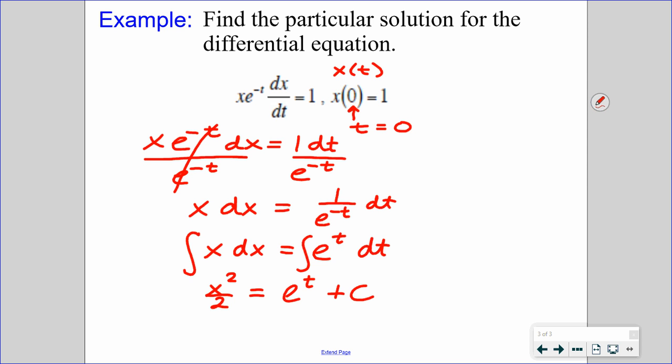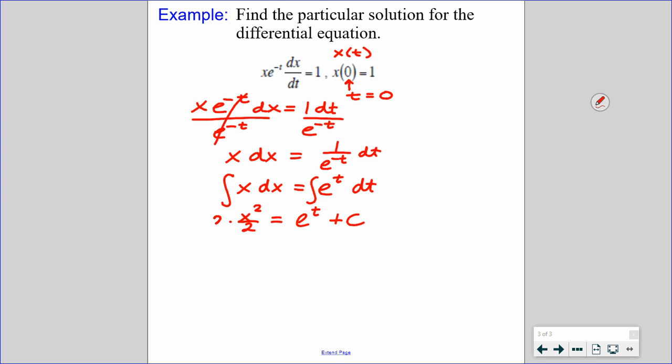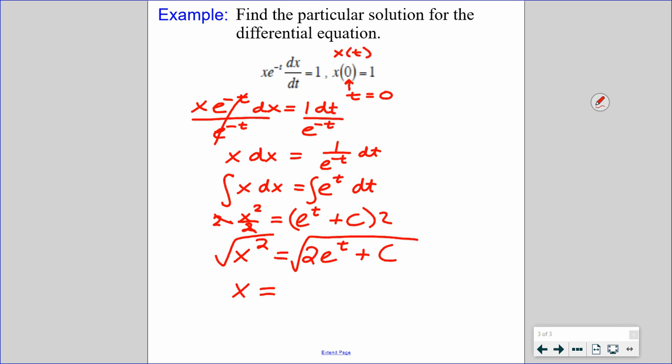Then we're going to solve for x. First I'm going to multiply by 2 on both sides. We get x squared equals 2 times e to the t plus c. Then we're going to square root both sides. Now, for finding the general solution, we would put a plus or minus in front.